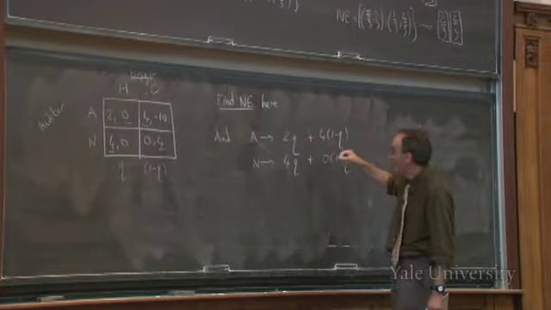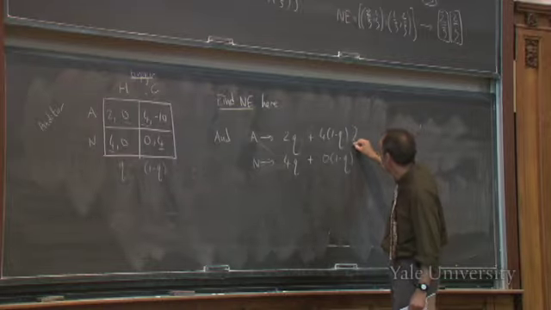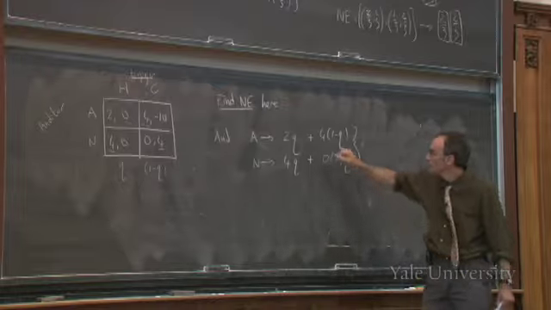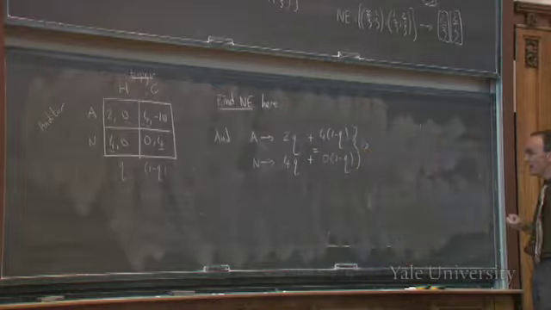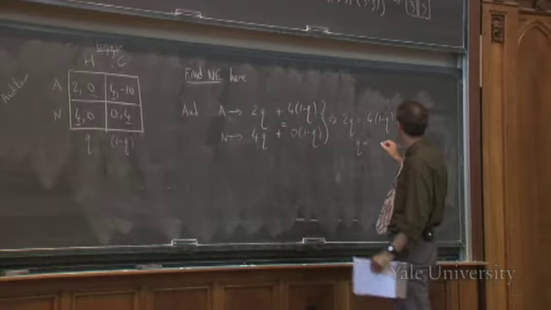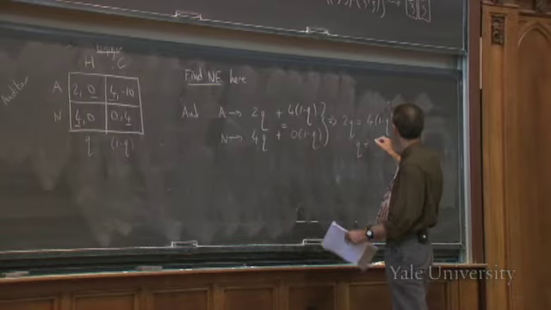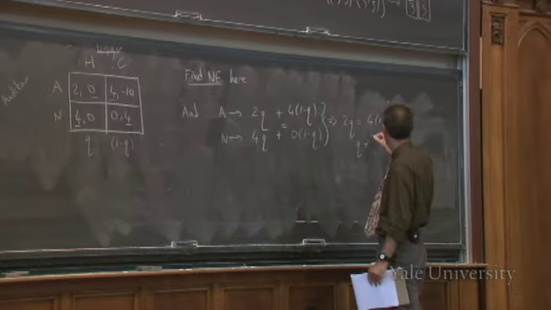And if indeed the auditor is mixing, then these must be equal. And if they're equal, let's just do a little bit of algebra here, and we'll find that 2Q equals 4(1 minus Q). So Q equals 2/3. Is that right? 4 over 6. Yes, 2/3. Q equals 2/3.